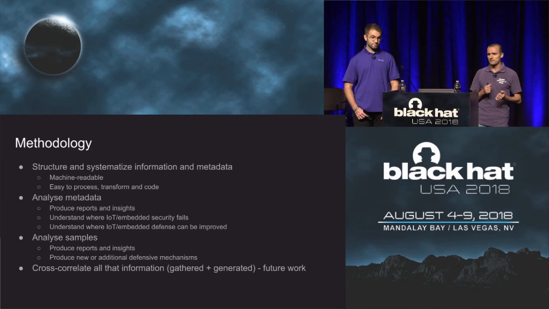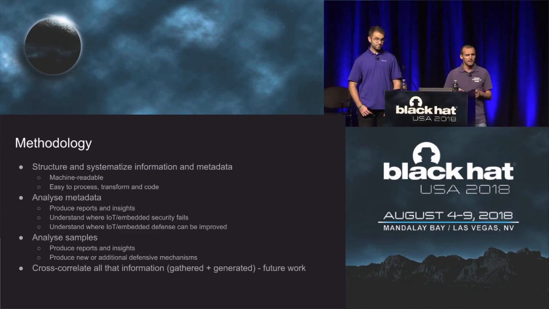So we structure and systematize the metadata so that in the future we can do these kinds of surveys or measurements in a more machine-readable way, and we can process, transform, and code based on that data. Because, well, if it's in PDF, it's a nice read, but you cannot do much automation on that.